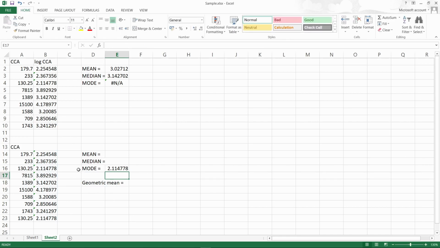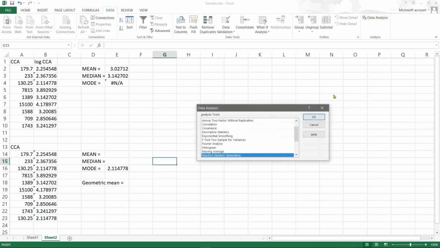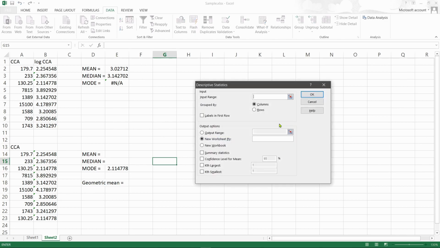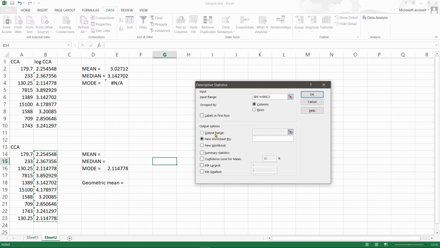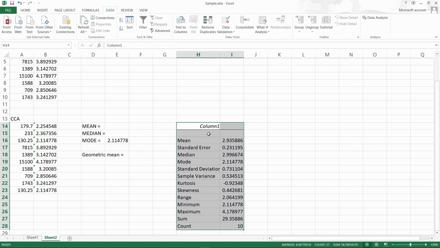That gives you a mode. If you're looking at descriptive statistics, you can easily come here, choose the range here, and choose an output range and summary statistics. This will give you all the summary statistics that you require, including your mode.